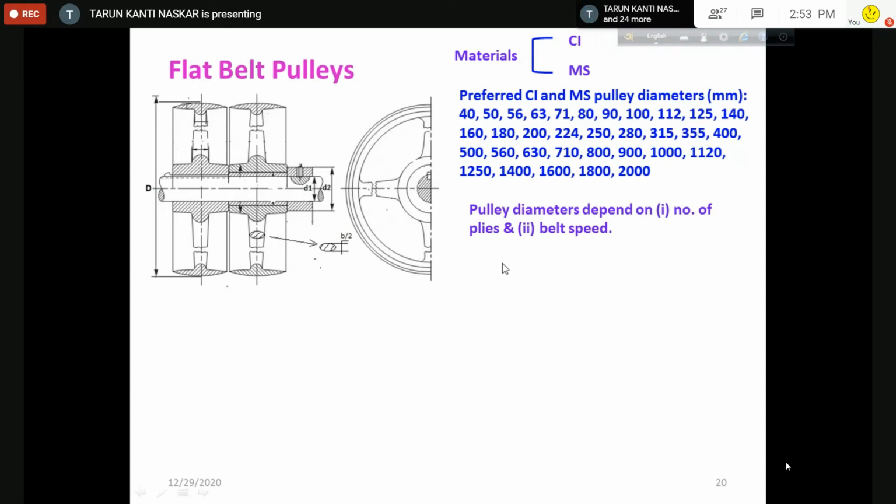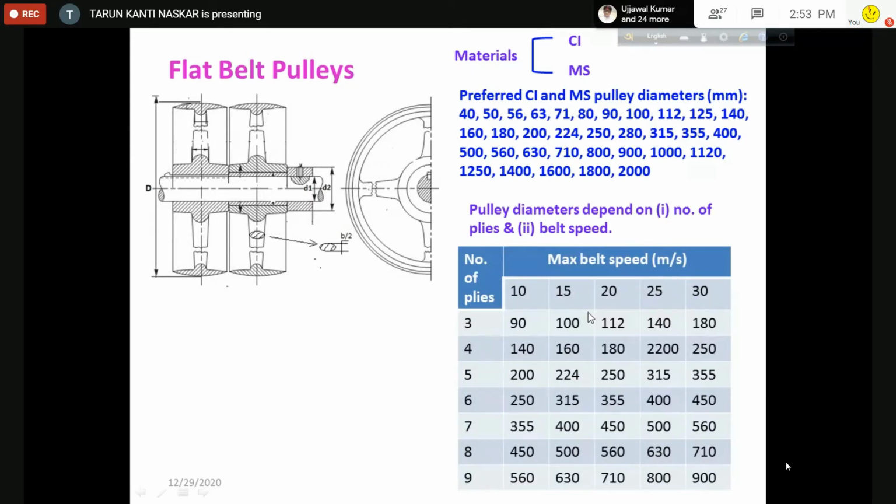So obviously how it depends on belt speed, you can understand. Now the number of plies, 3, 4, 5, 6, etc. up to 9, and depending on the number of plies, these are the belt speed in meter per second.